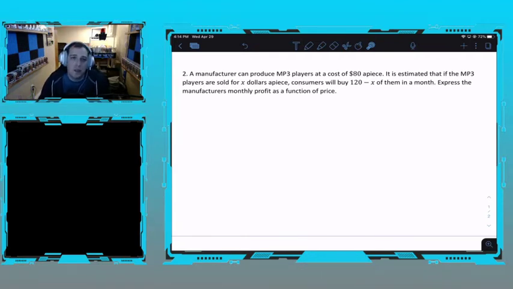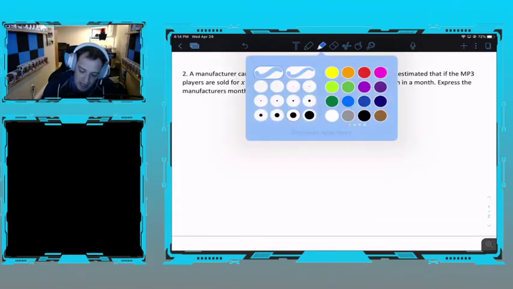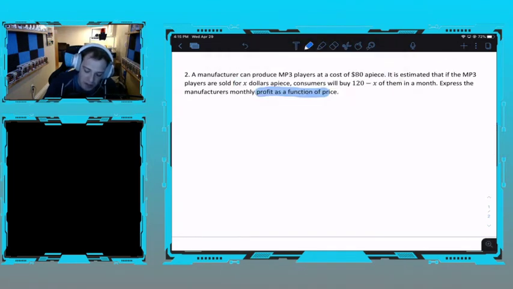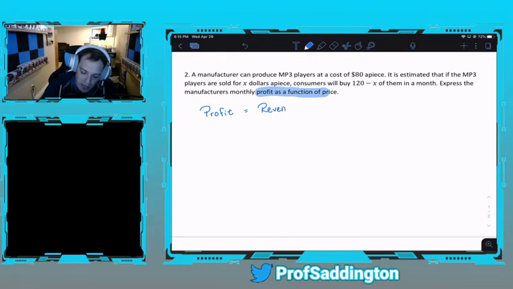So we did a similar question to this a couple days ago. This is using our profit function because we're looking for profit. So I'm going to write down what that profit formula is. It's going to hopefully look familiar to you guys as profit is equal to the revenue minus the cost.